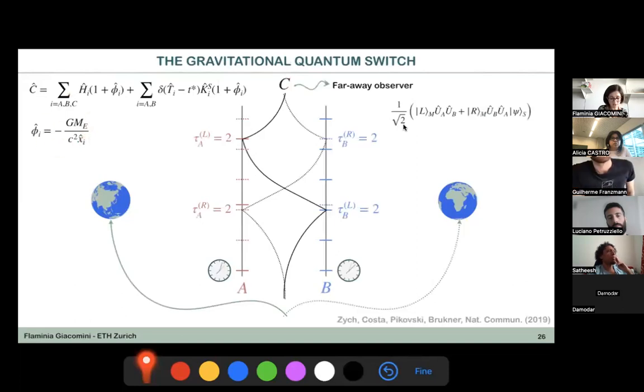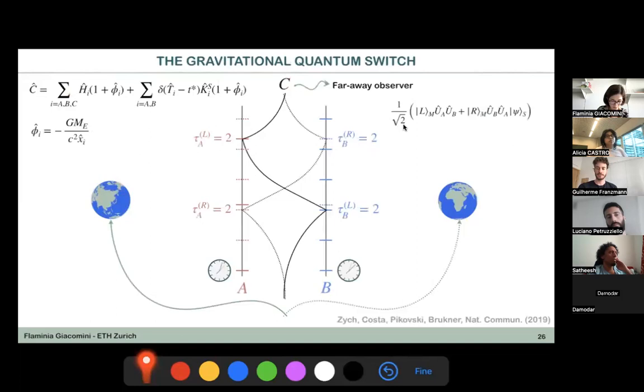In this case, the Earth in a quantum superposition is the only source of the gravitational interaction. And I'm saying Earth here, but again, this can be any quantum system that sources a gravitational field.